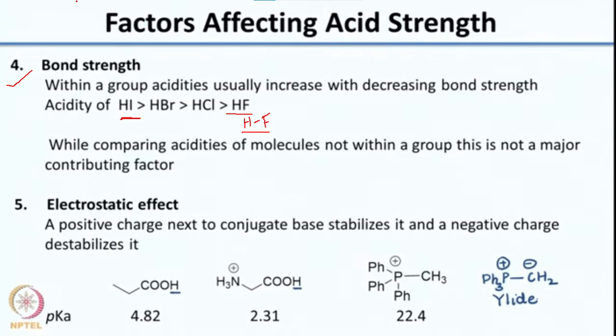Suppose we have an acid here, right? Here the pK value is 4.82. So what will be its conjugate base? Anyone know?